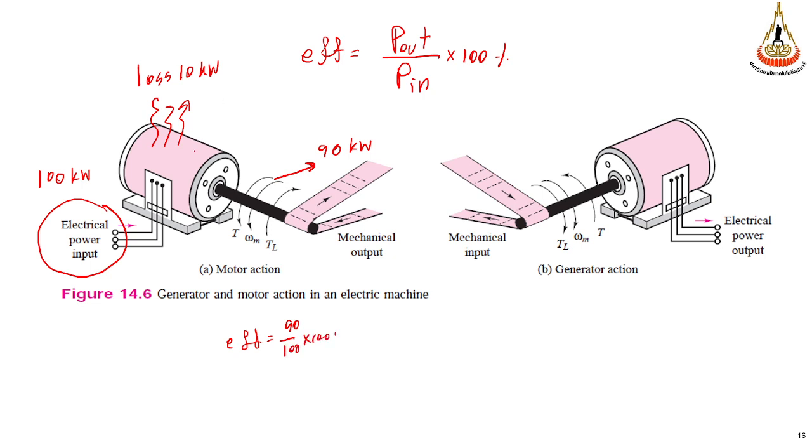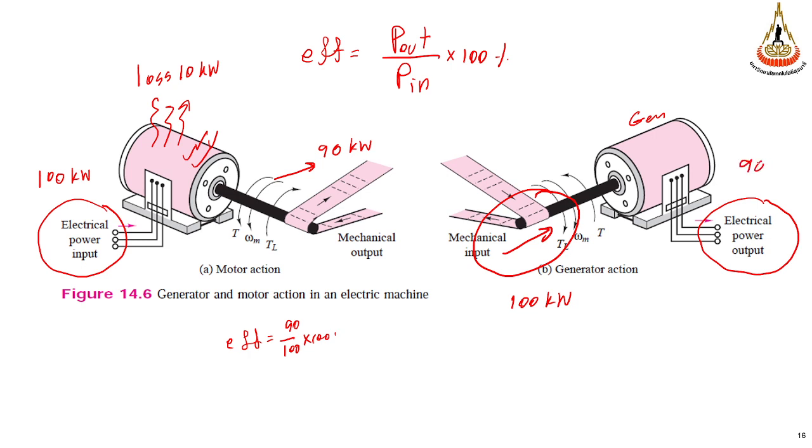The loss in a machine depends on the structure and the use. In contrast, if I would like to generate electrical power and I supply mechanical power to this generator, and I supply 100 kilowatts of mechanical power but get 90 kilowatts of electrical power, the loss is also 10%.